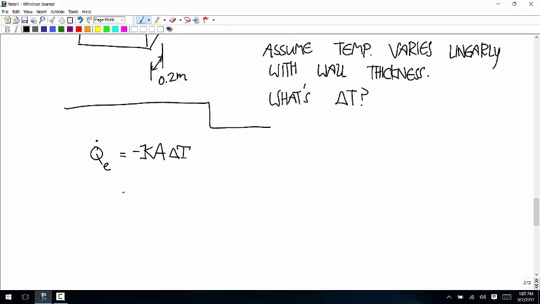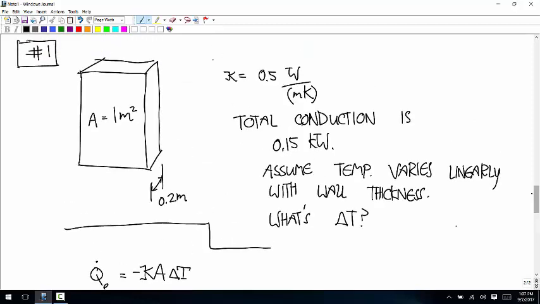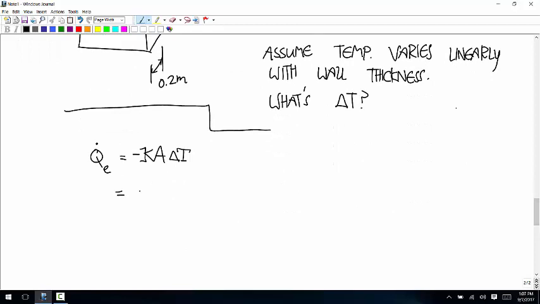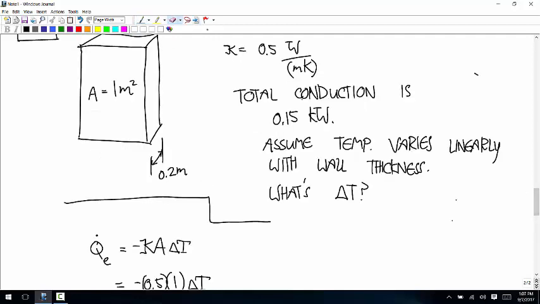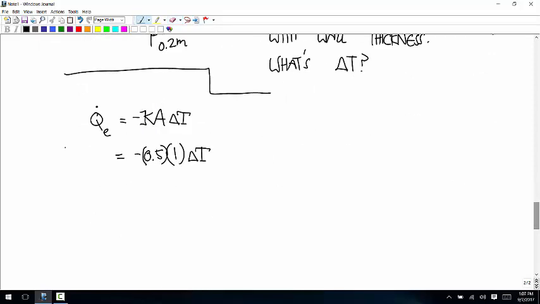So then this is equal to negative 0.5 times 1 times delta T. The total rate of conduction is 0.15 times 10 to the third watts.